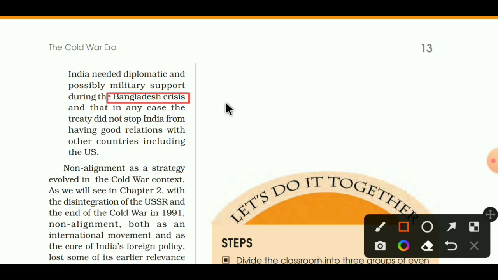And at that time India had one chance to take POK from Pakistan, but India made a mistake through Jawaharlal Nehru, because Jawaharlal Nehru took this matter to the UN.